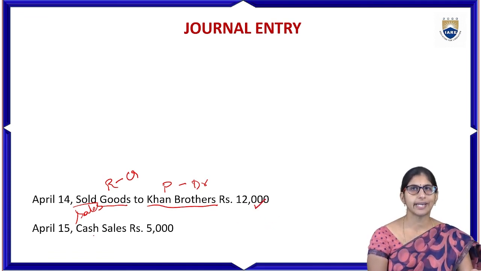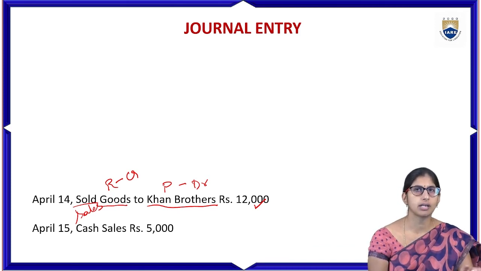And now coming to the next transaction. On April 15th, cash sales rupees 5,000. We are not going to identify any important items here because we have only two words, cash sales.